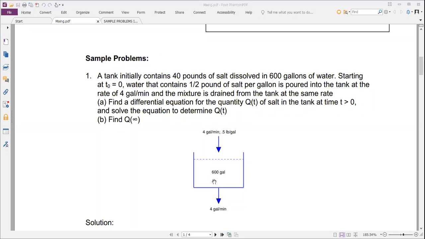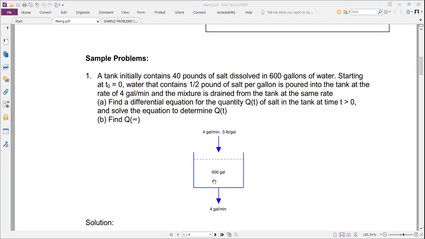For letter A, you are to find a differential equation for the quantity Q of t of salt in the tank at time greater than 0 and solve the equation to determine Q of t.